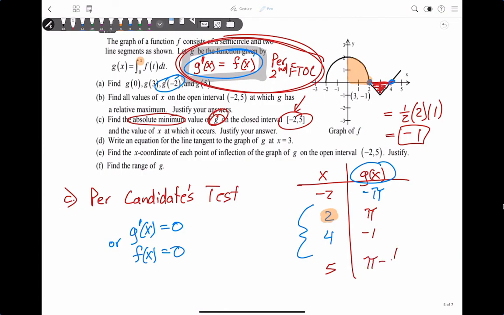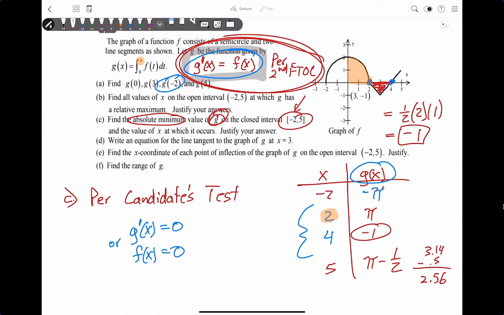So if I want to know the absolute minimum, this is like 3.14 minus 0.5. If I'm subtracting this, it's a little bit like two and some change, like 2.6-ish, somewhere around there. But it's still a positive.